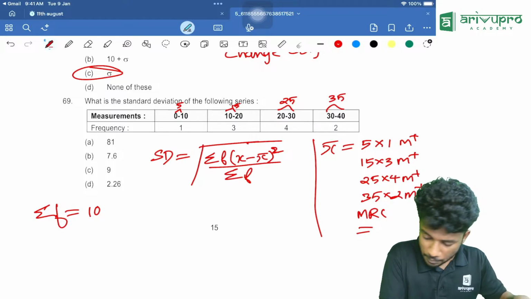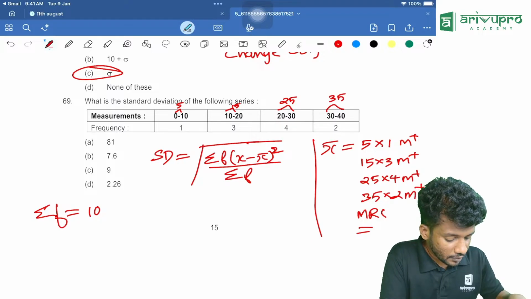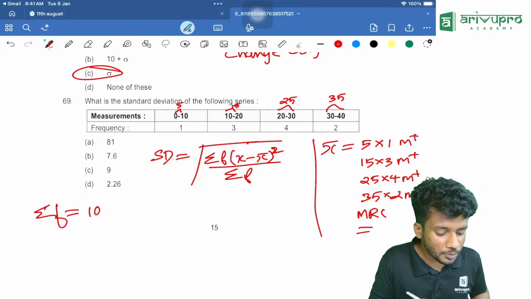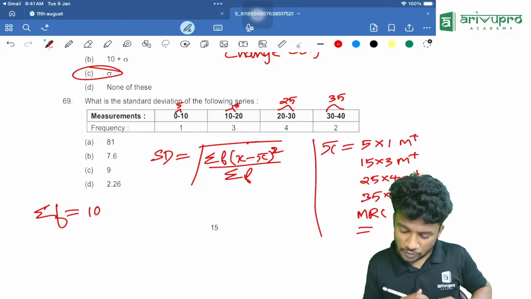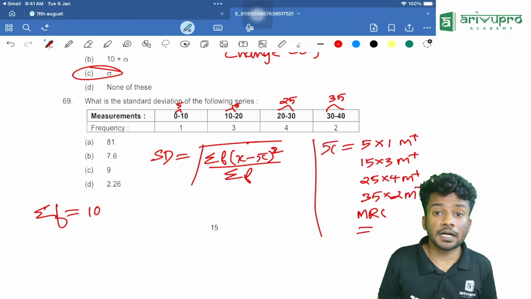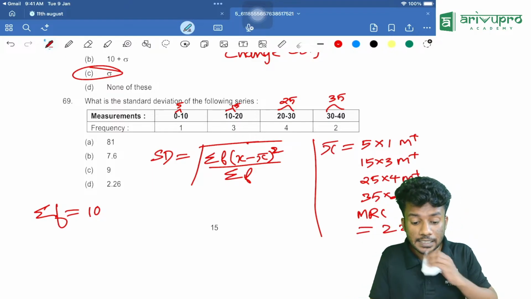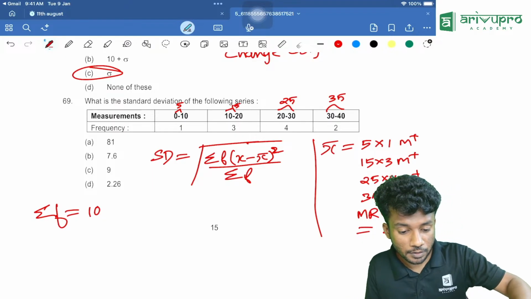Are you getting it like 22? Yes. People, did you get it like 22?